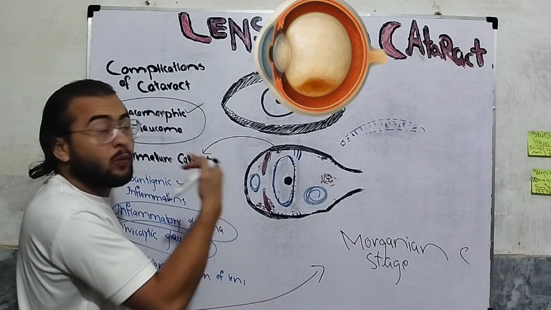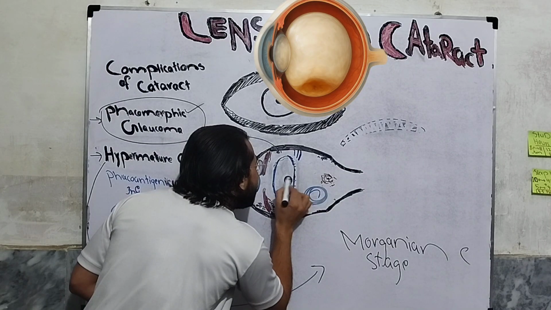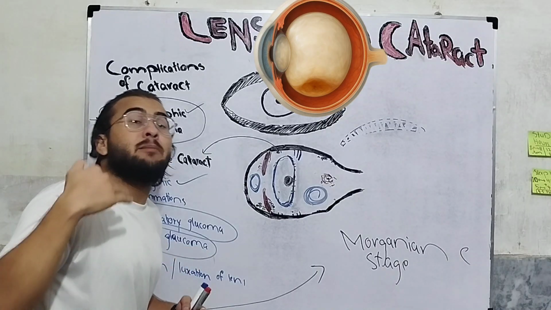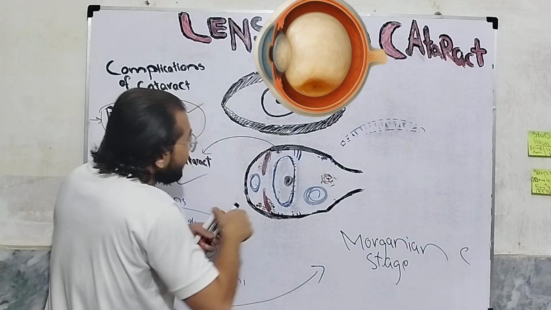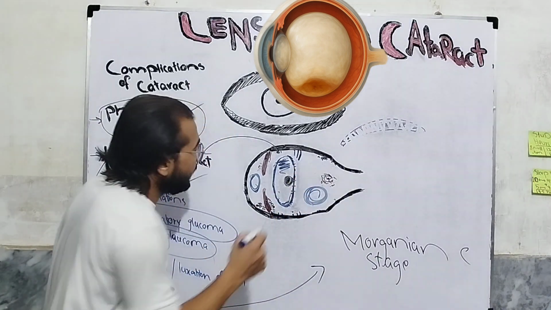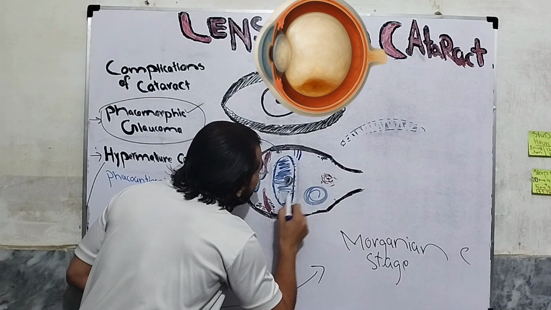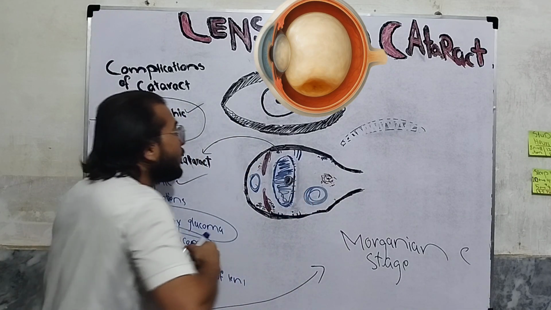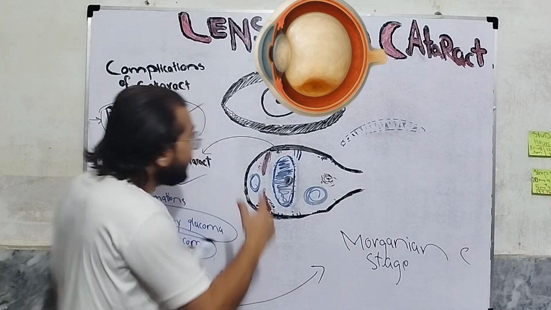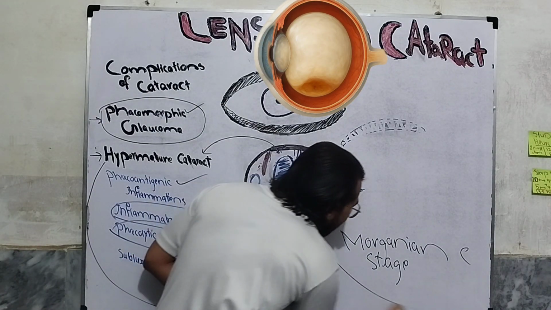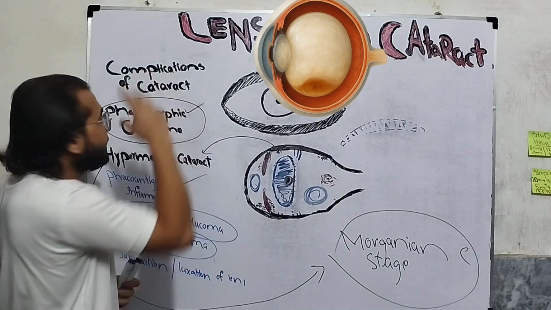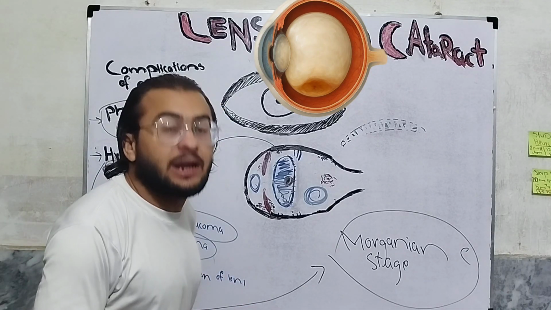When we look through the eye, this nucleus will look like a brownish yellow particle present in milky water. Because of the proteinaceous mass, the fluid's appearance will be milky white, and in the milky white fluid the lens nucleus will sink down as a brown yellowish particle. This stage is called Morgagnian cataract. So these are the different complications of cataract if you do not manage the condition properly and timely.